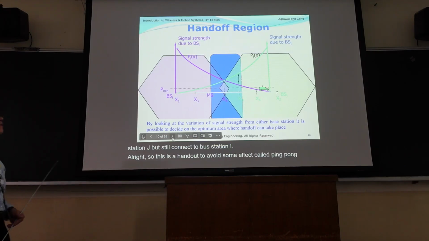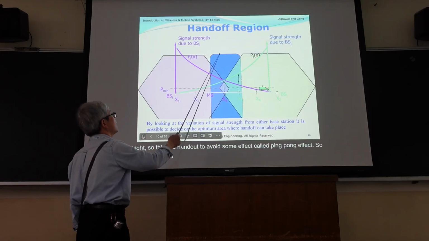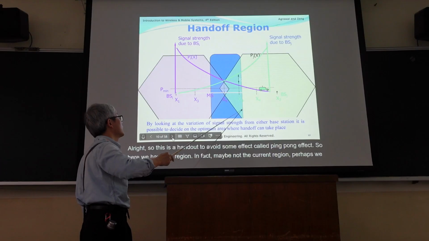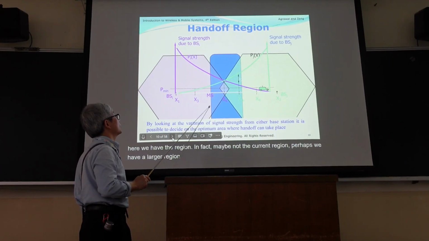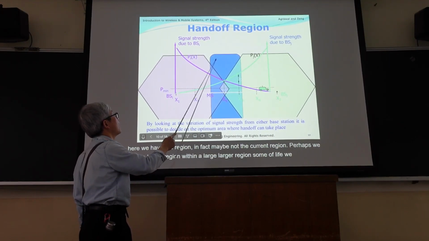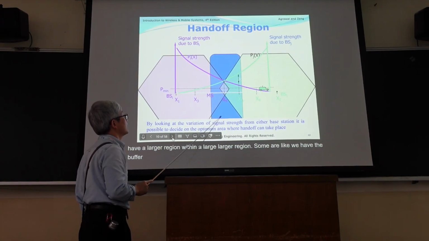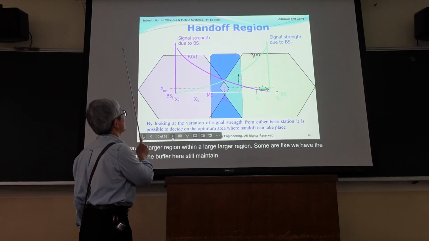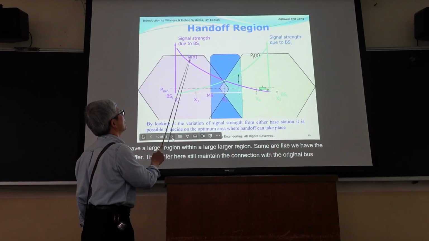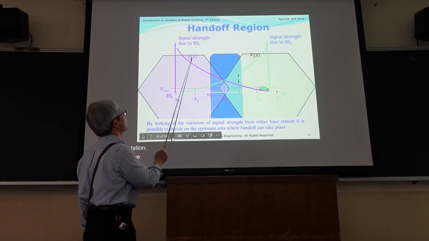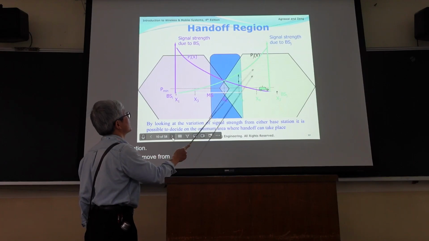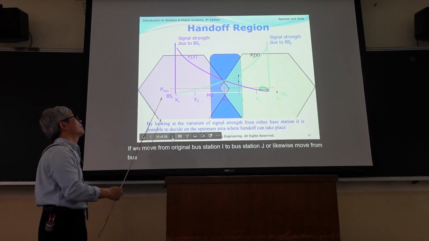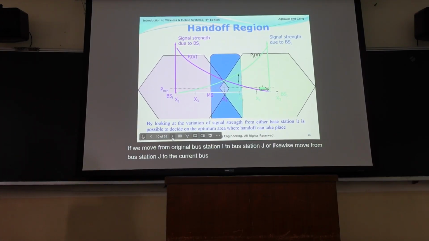So here we have the region. Maybe not the current region, perhaps we have a larger region. Within the larger region, we have the buffer. The buffer here still maintains the connection with the original base station. If we move from original base station I to base station J, or likewise move from base station J back to base station I, we will have a buffer area.